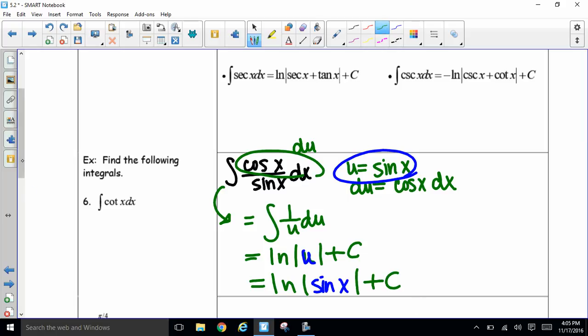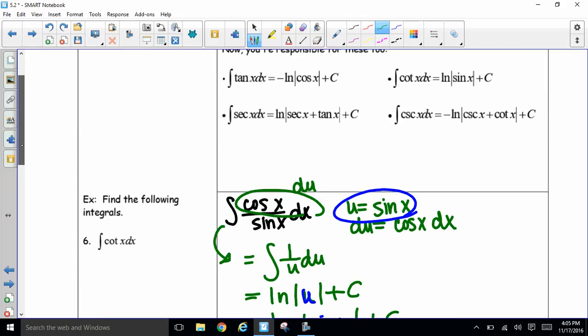And if you look back up, that's what they tell you that you're supposed to memorize. So we proved it with u sub. I guess maybe I shouldn't have the check. You're not checking, but we proved it with u sub.